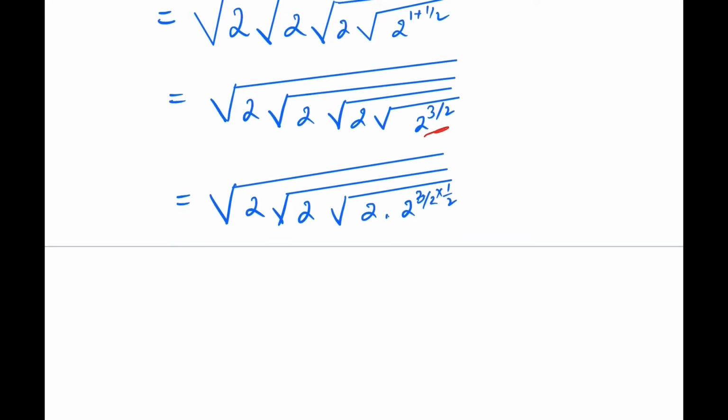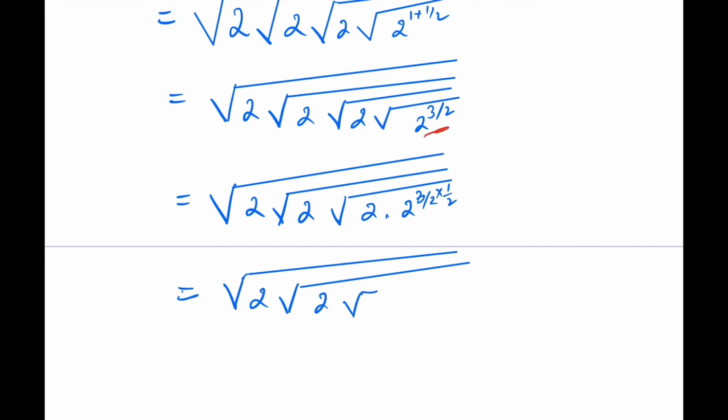Now this is equal to square root of 2 square root of 2 square root of 2 into 2 raised to the power 3 by 4.